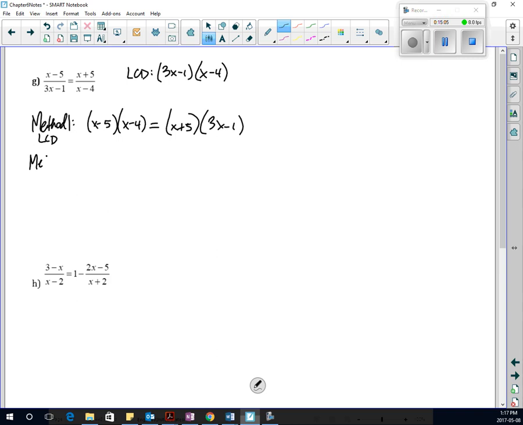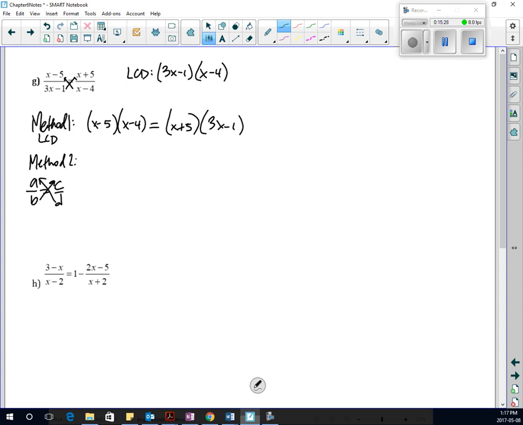Method 2 is when you have a over b equals c over d, you can cross multiply. Do you see if I cross multiply here, I get exactly the same thing that I just wrote. So here's where people will make a mistake, is they forget they need to FOIL.